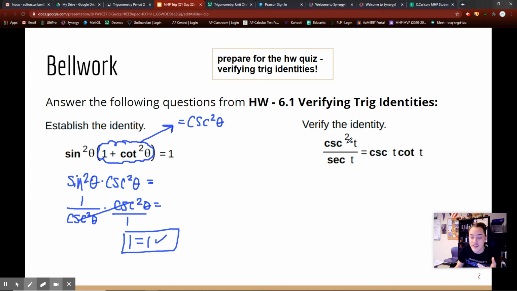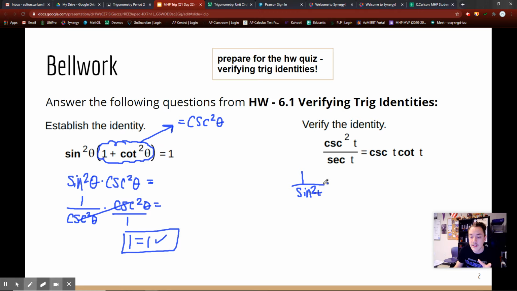Now I do know cosecant squared t in this case is 1 plus cotangent squared t. I'm not so sure that would actually help me, so I'm going to hold off on substituting that Pythagorean identity. But I do know that I can maybe break this apart and try to see what would happen. So let's do my reciprocal identity.